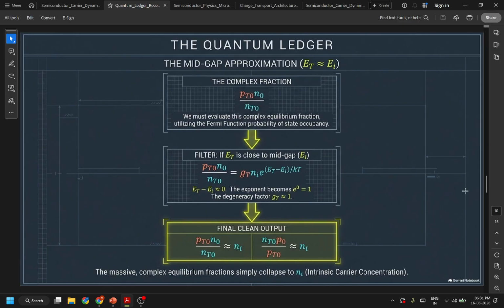And since we are considering Et almost equal to Ei, then Et minus Ei will become 0. And in traps the degeneracy factor Gt is 1. So finally we get Pt0 n0 by Nt0 equals ni, and Nt0 p0 by Pt0 equals ni. So the massive complex equilibrium fraction simply collapses to ni, which is the intrinsic carrier concentration.